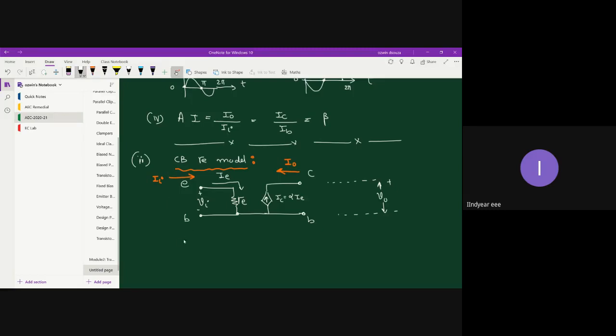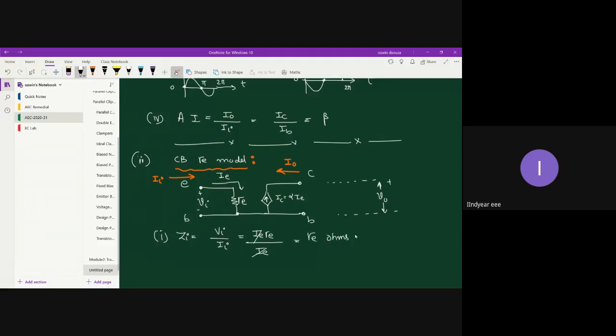Fine, let's start finding the performance parameters, starting with input impedance Zi. So Zi is Vi by Ii. Vi is input current into resistance, so IE into re, divided by input current IE, hence you would get input impedance as re ohms.